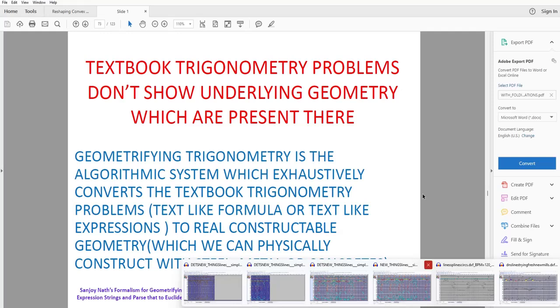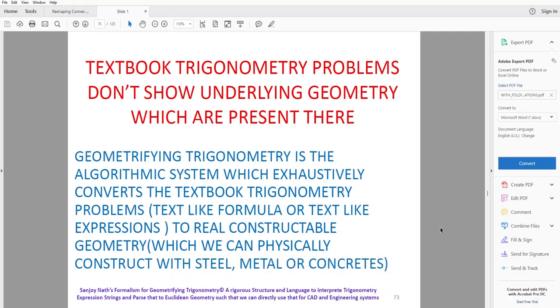So we have to understand that different kinds of triangulations are hidden inside one single trigonometry expression. Geometrifying trigonometry is the algorithmic system which exhaustively converts textbook trigonometry problems, text-like formulas or expressions, to real constructible geometry which we can physically construct with steel, metal or concrete.